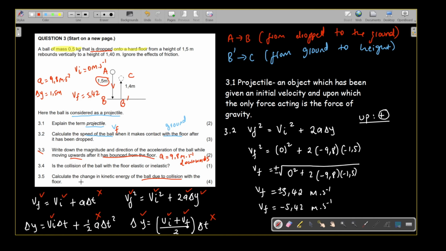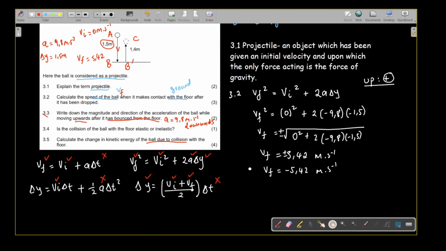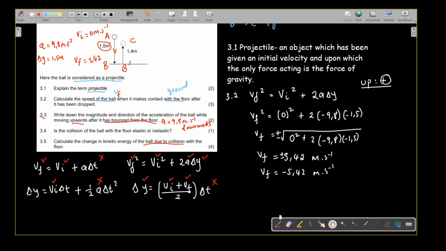Now when you want to calculate the change in kinetic energy due to the collision, you have to understand what we are talking about when we talk about kinetic energy. So let me just write my 3.5 here. Good people, remember that kinetic energy is half mv squared.